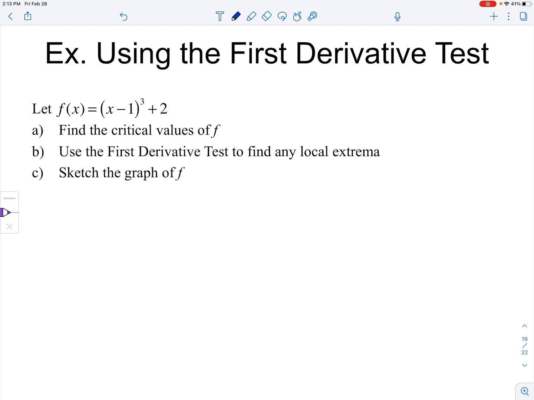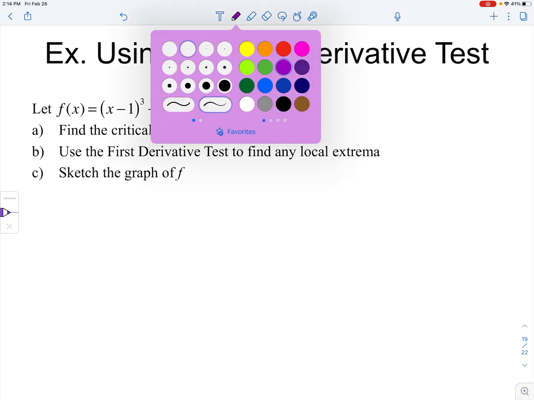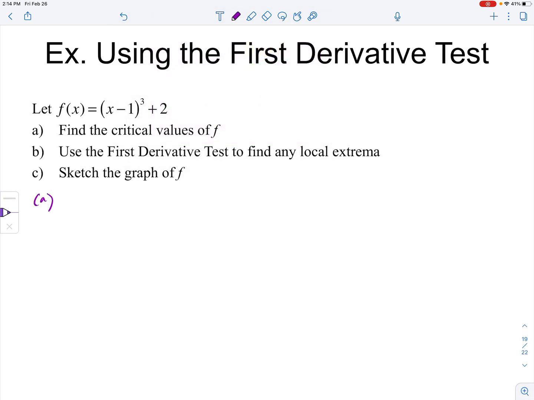Okay, and let's look at this next example. So if we want to find the critical values, we want to find f prime. I don't know about you, I don't want to multiply out x minus 1 times itself 3 times.